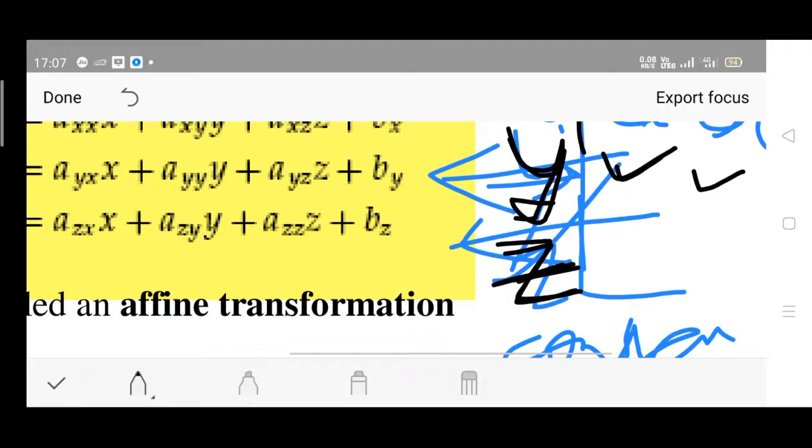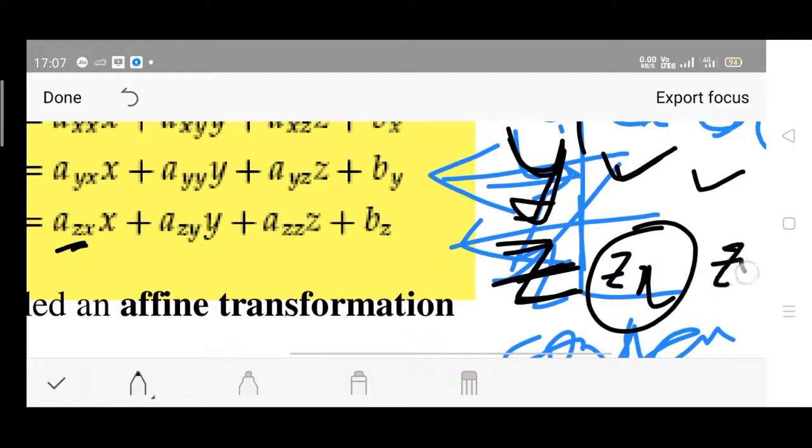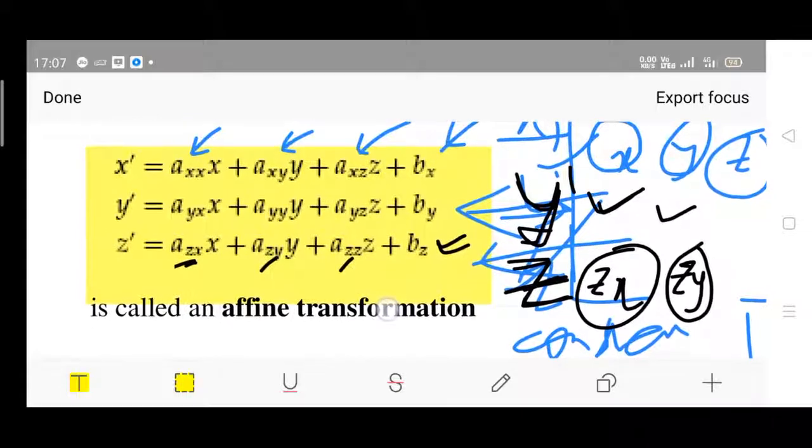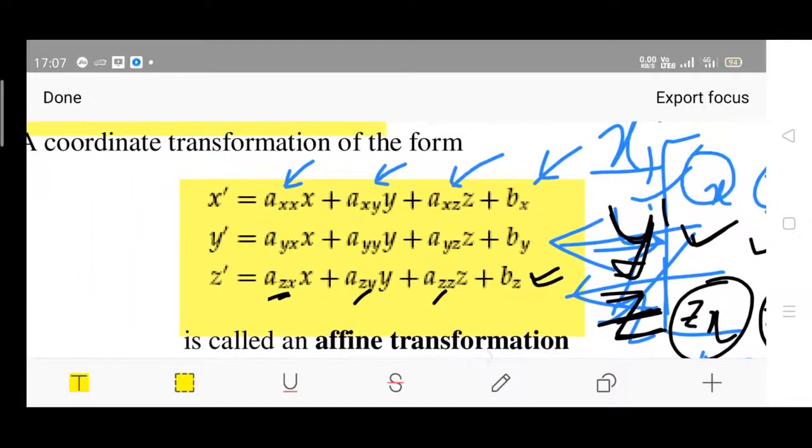So for the first value, the coefficient of x, you need to mention the suffix zx, see here. Then the second one, the coefficient of y, so it is zy. And finally zz in association with the fourth term bz. bz is the constant value, isn't it? So this representation is called the affine transformation.